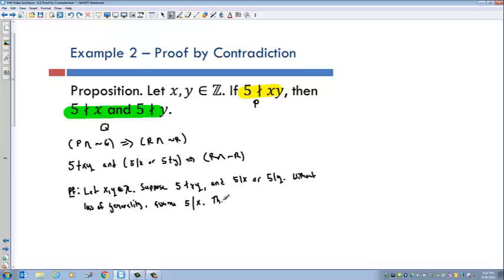Then, by the definition of divides, if 5 divides x, x is equal to 5 times a, where a is an integer. This follows by definition of divides.